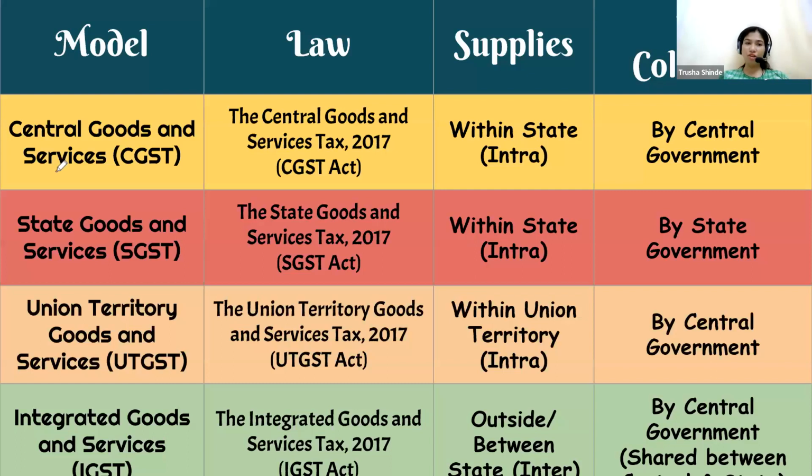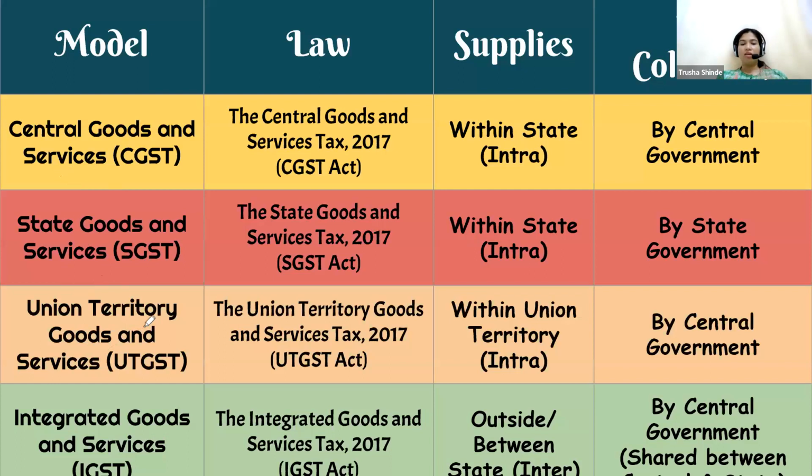That is your Central Goods and Services Tax, the State Goods and Services Tax, or your Union Territory Goods and Services Tax. Correct? And if the question is asked, what is your interstate supplies, then what will be your answer? Where the supplies are between two states.